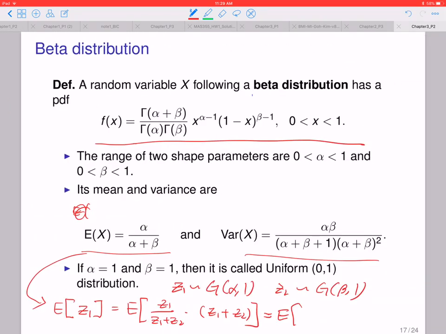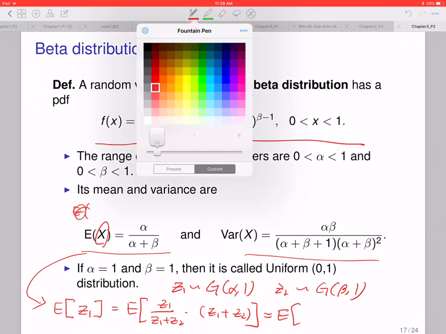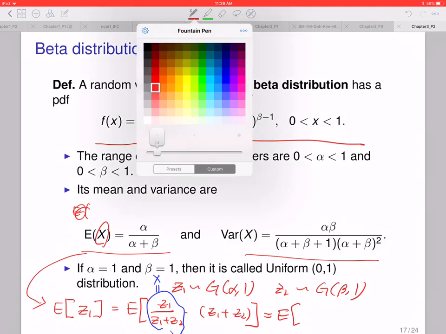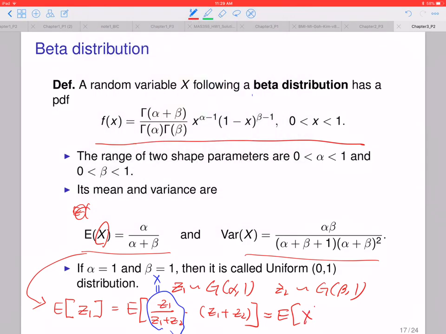So Z1 over Z1 plus Z2, which is X, which is this one, right? Because we call it X, and these two are independent, so that means we have E[Z1] = E[X] times E[Z1 plus Z2]. So this one is alpha and this one is alpha plus beta.